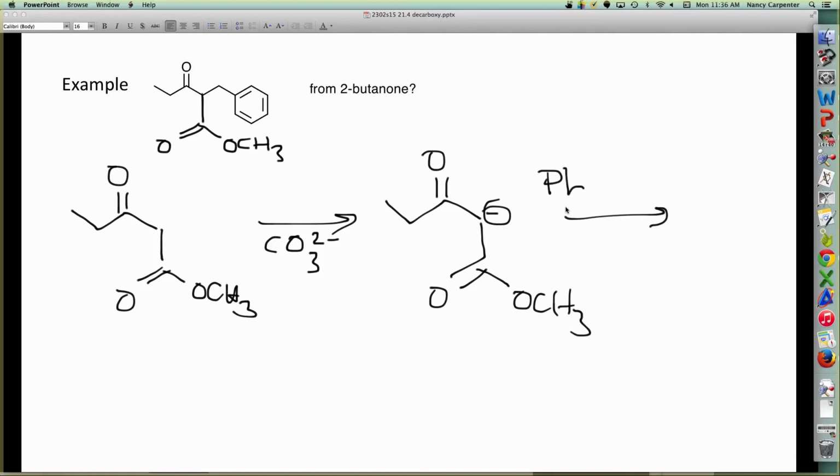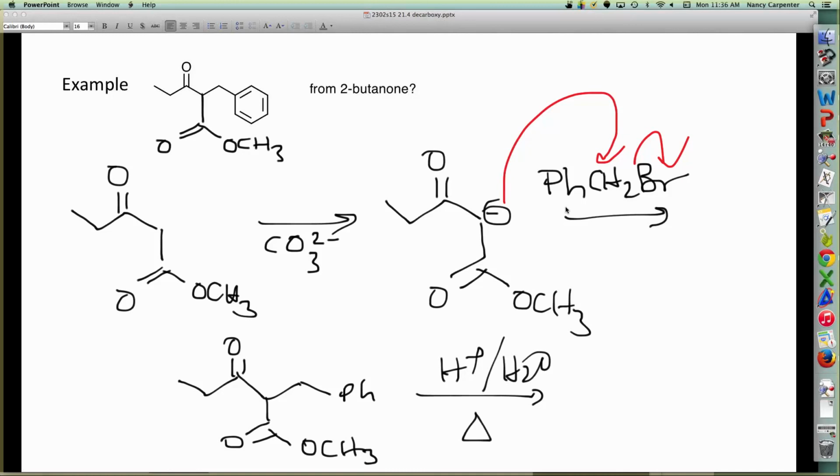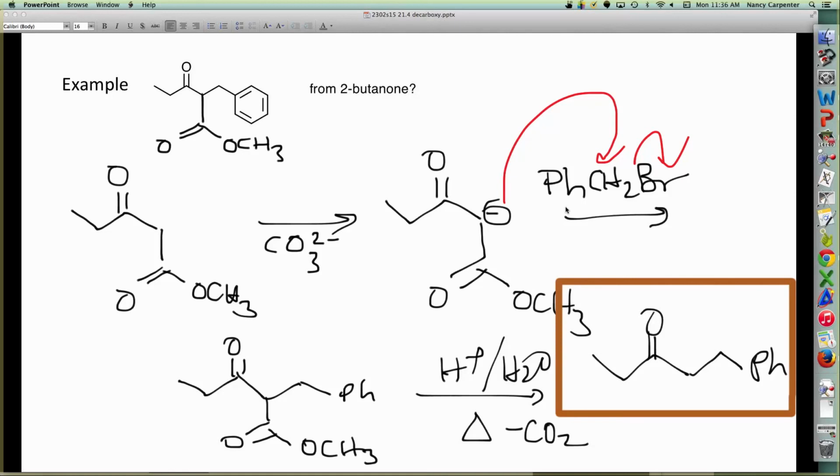Add my benzyl bromide, SN2, and then H plus, H2O, heat, minus CO2, there is my product, because I have lost this by hydrolyzing to the acid and then decarboxylation.